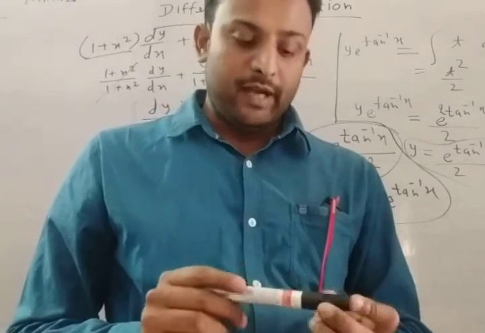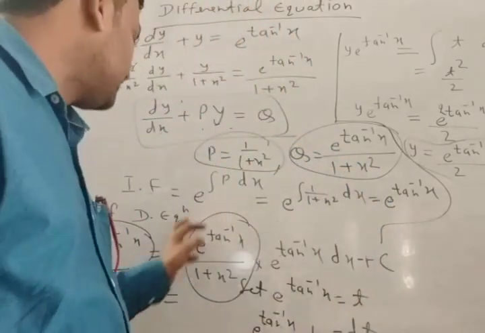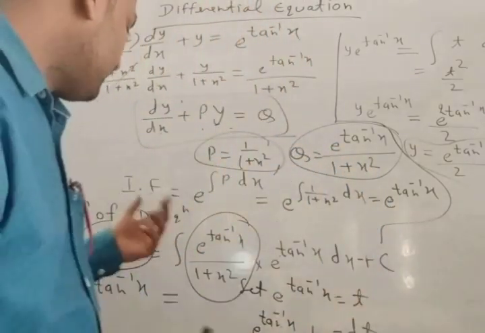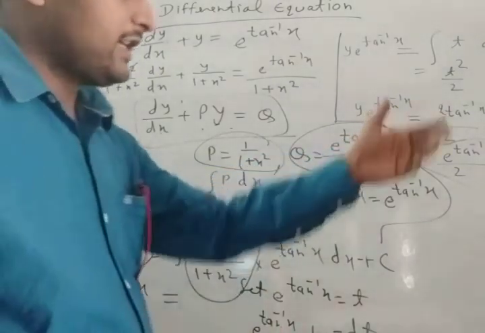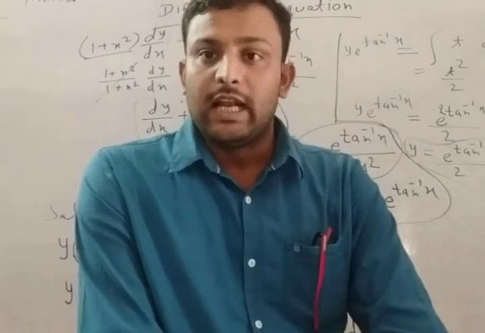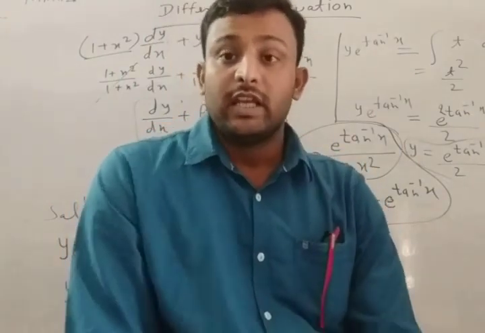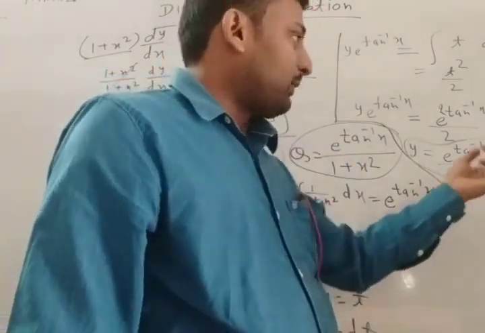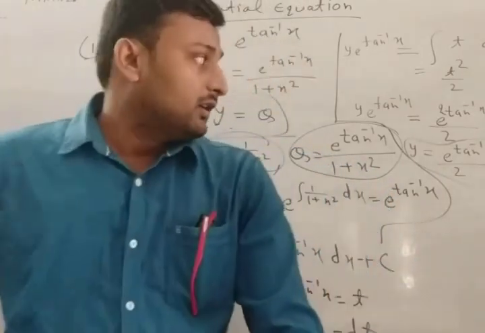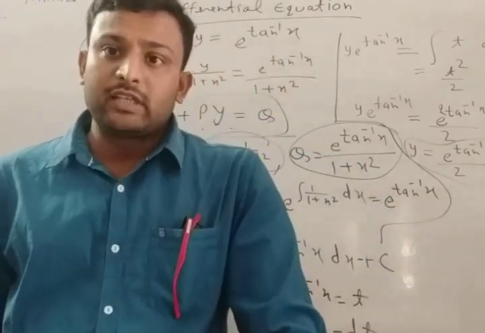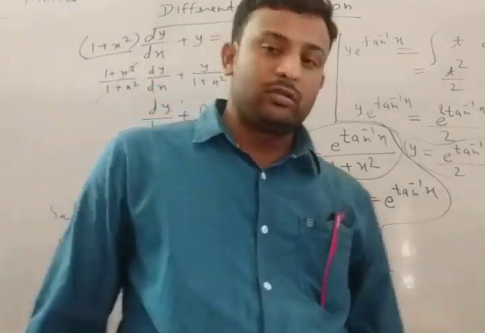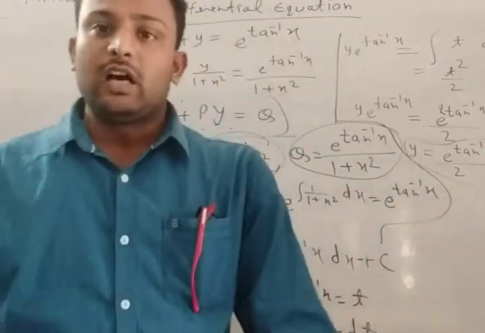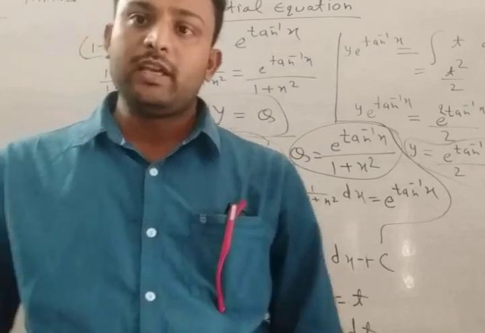And to find the final solution, we integrate this term and write our solution in the form y is equal to something plus c, and we get our general solution. If some particular values are given for the constant, then we put the value of the constant here and we get our particular solution. Okay, thank you.